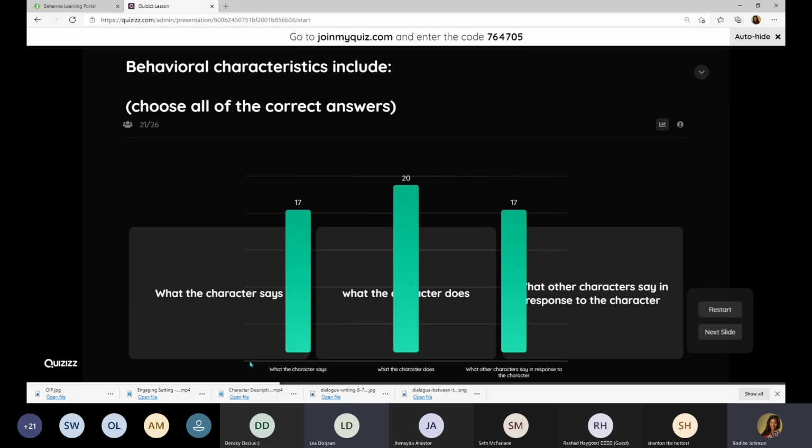Yes, but characters always behave a particular way. But what does that tell you about the character? He's annoying. Correct. The character is annoying. And nobody wants annoying characters. Nobody wants to be around somebody annoying. Okay, so let's continue.